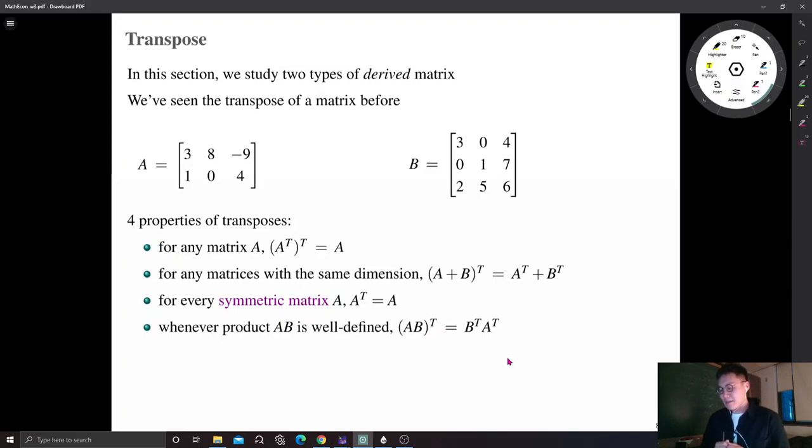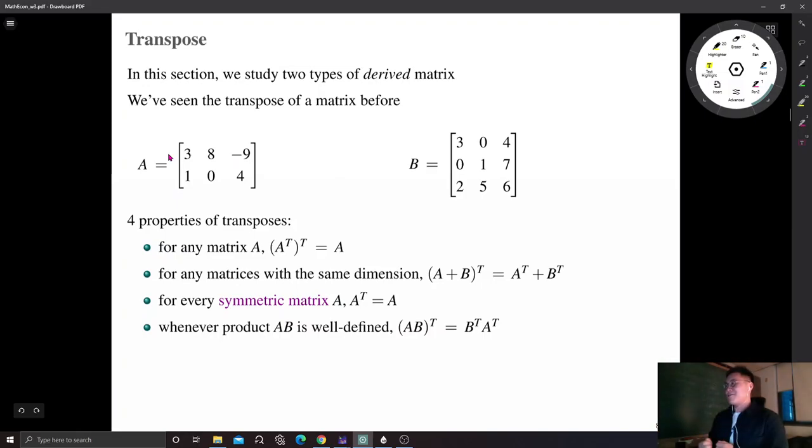I think that strengthens your matrix algebraic skills, so that might be helpful. One of them is the transpose, which we have seen before. Let me remind you of this with two examples.